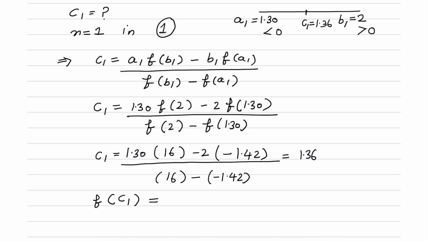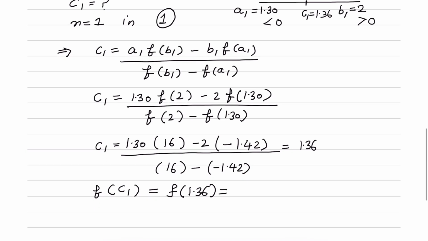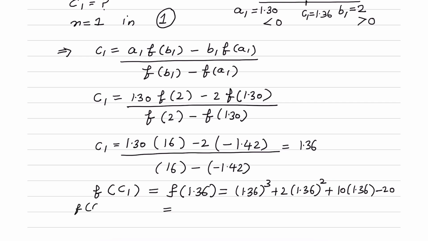So we plug c1 in the function, we get f of 1.36 is equal to 1.36 cube plus 2 into 1.36 square plus 10 into 1.36 minus 20, and we have f of c1 or f of 1.36 as minus 0.19.